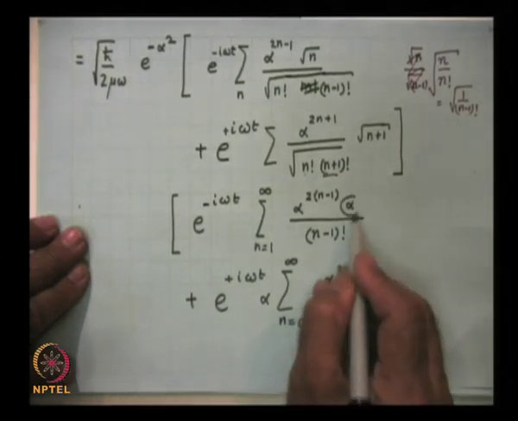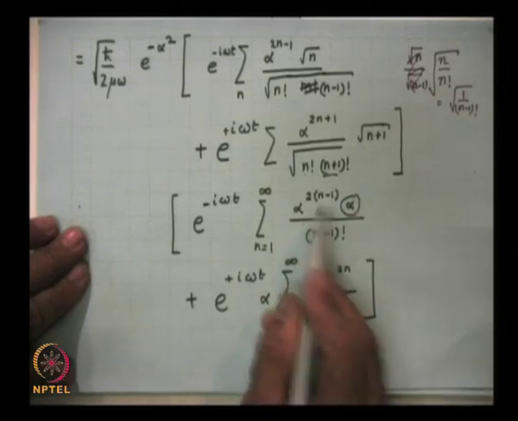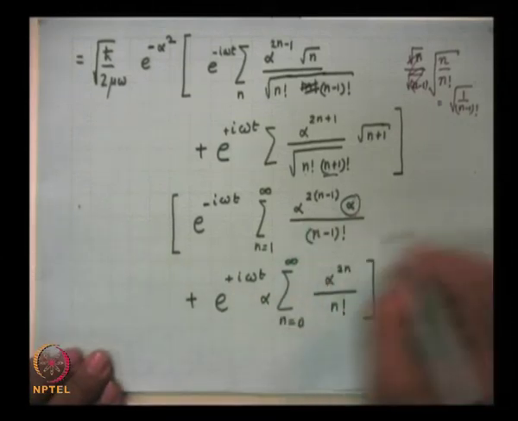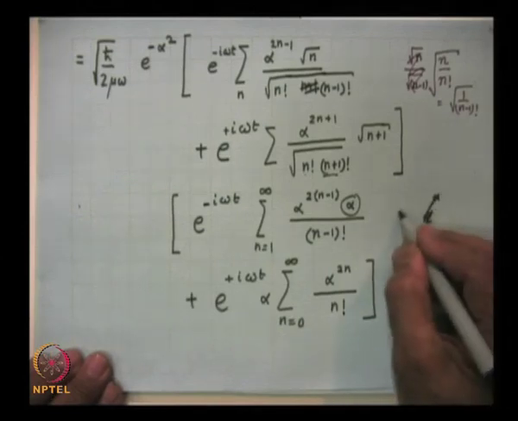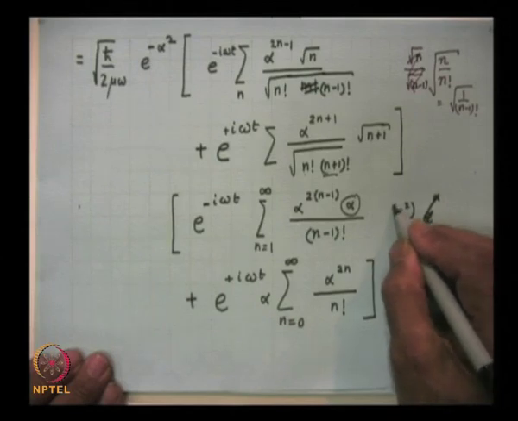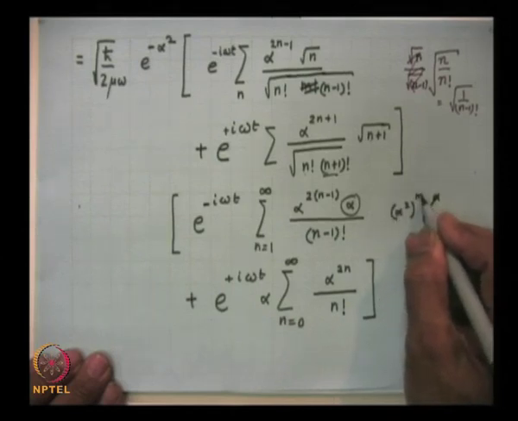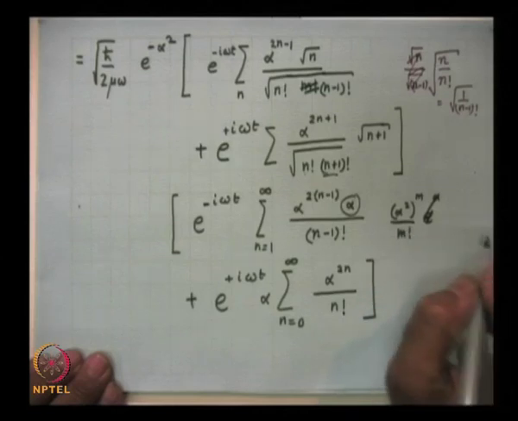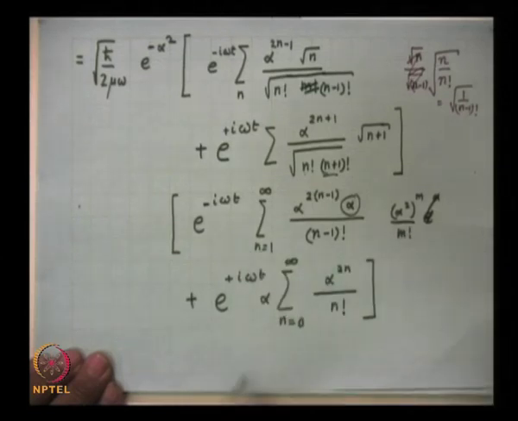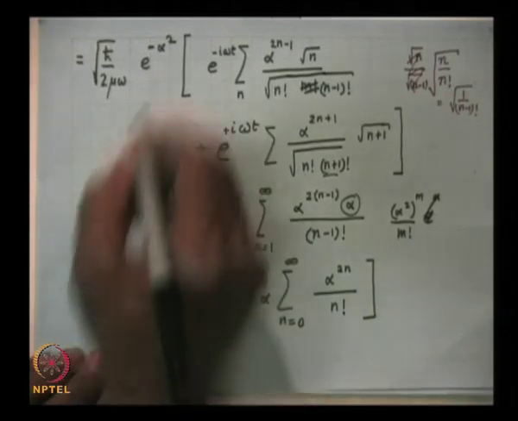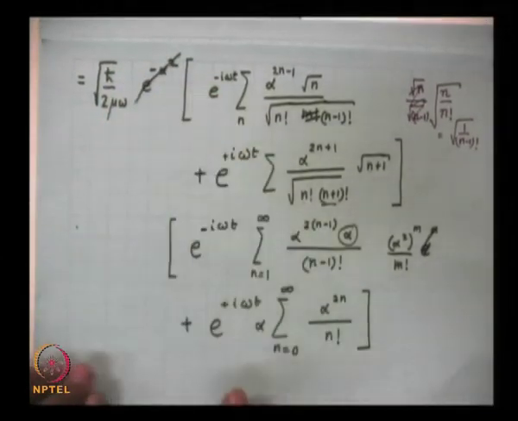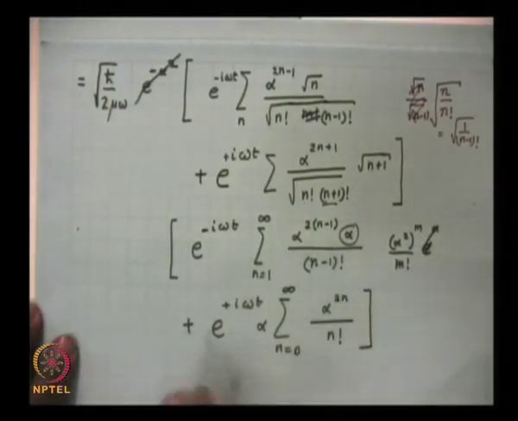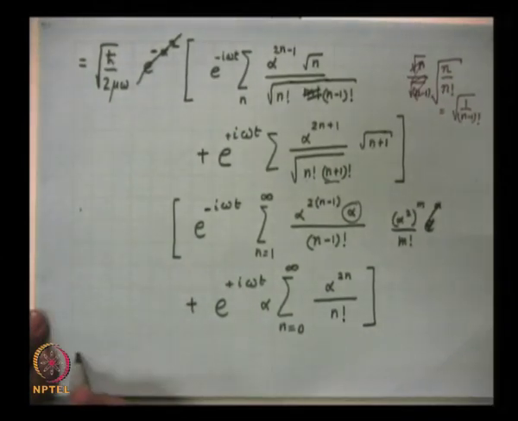So, if I take this alpha outside, this is just alpha square raised to the power of m divided by m factorial. So, this is all e to the power of alpha square, and this is also e to the power of alpha square. So, e to the power of alpha square will cancel out with e to the power of minus alpha square, and both will have alpha outside.